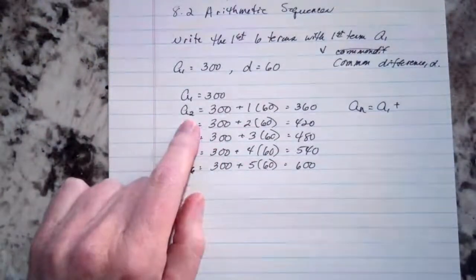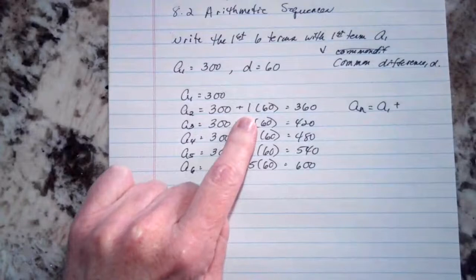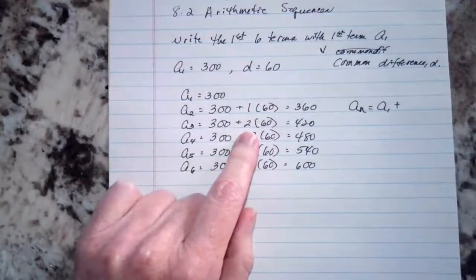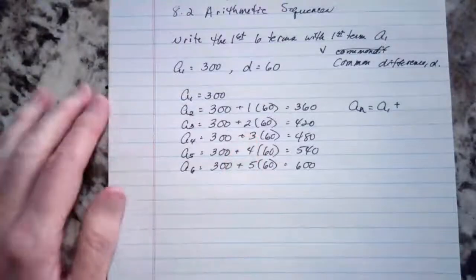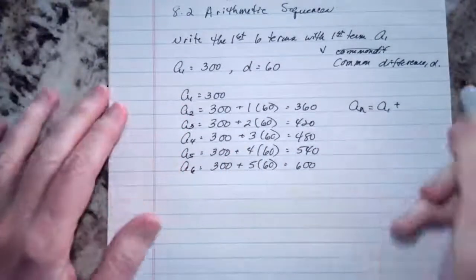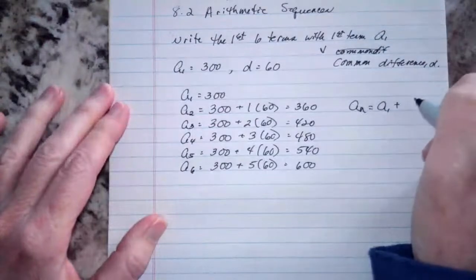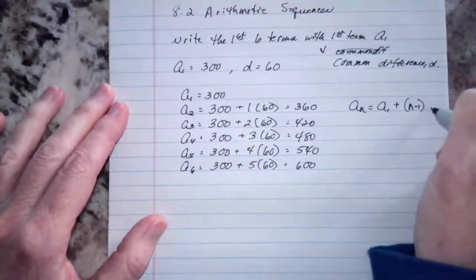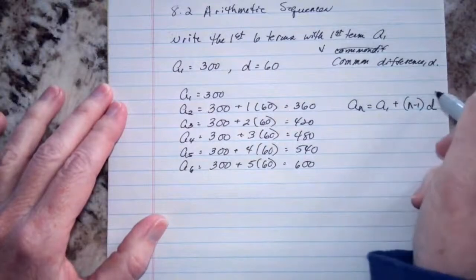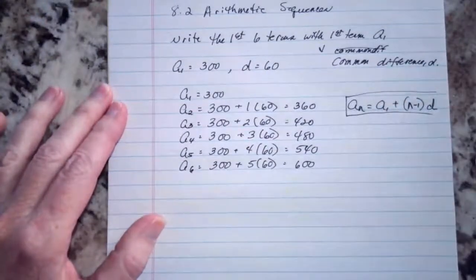When we were looking for a sub 2, we added one 60 in. When we were looking for a sub 3, we're adding 2 60s in. So you can see that this number is 1 less than the term number. So we're going to be adding in n minus 1 times d. And that's the magic formula right there.